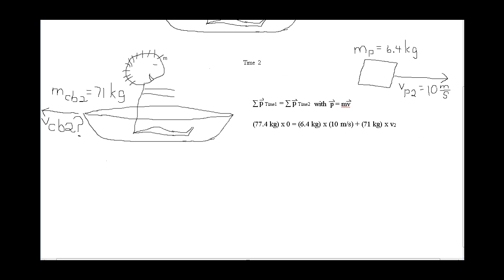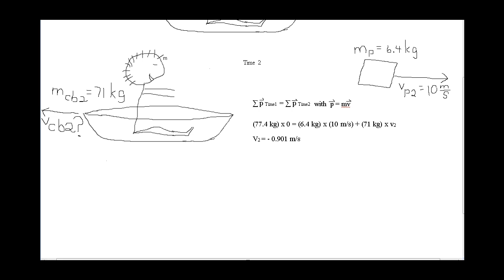So now we've got our 71 kilograms times V2. Since we only have one unknown velocity, I wasn't going to bother calling it V child in the boat 2. I'm just saying velocity at time 2. Now all we have to do is finish up the algebra and we will have our answer.